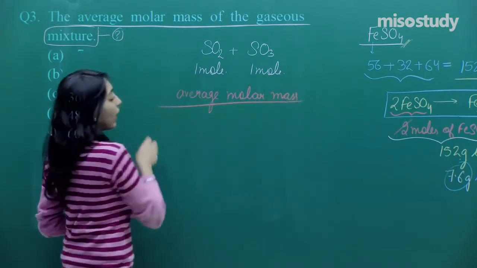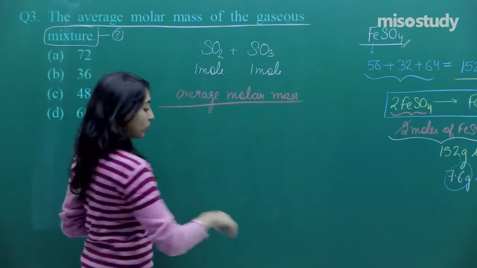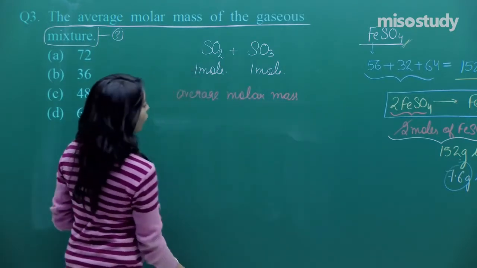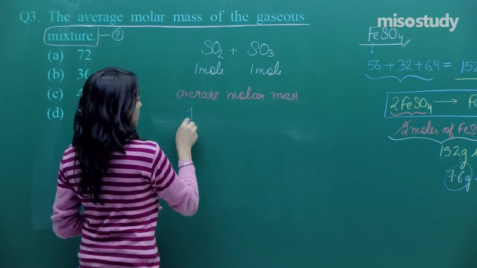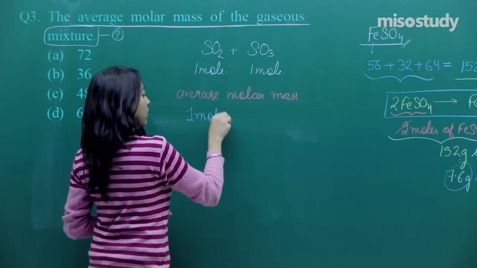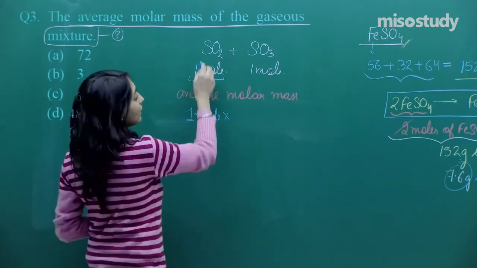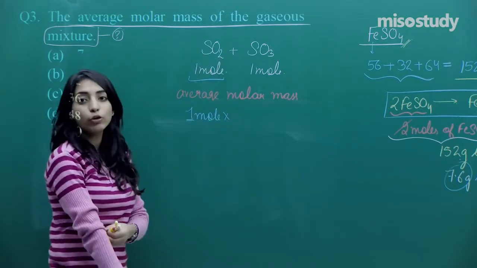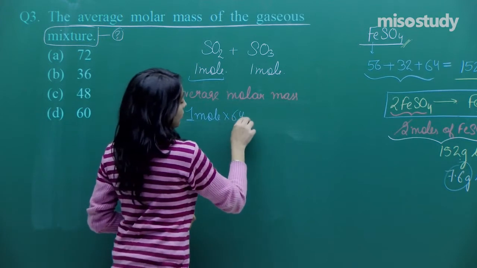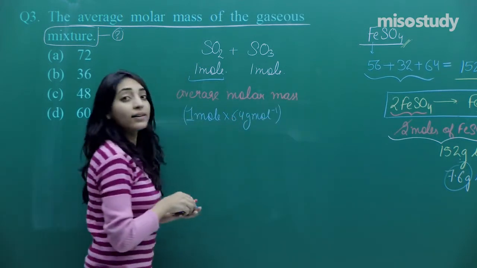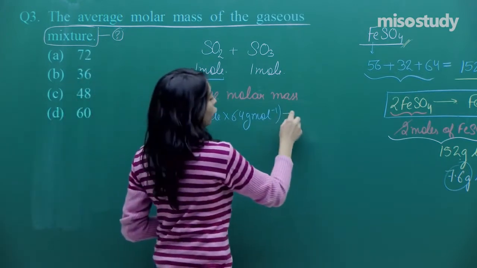If you talk about the average molar mass, it will come out to be something like, write the number of moles for SO2 and what should be the molar mass of SO2. So, see guys, 32 plus 32, 64 grams per mole, right?